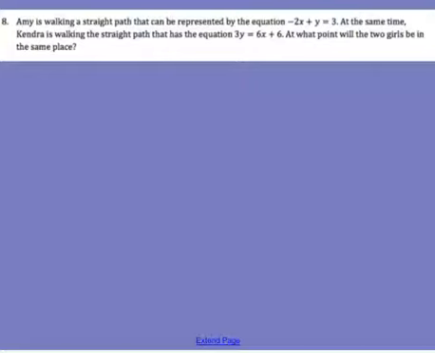Here's how I would do this, and this is just your pilot speaking. Right out of the gate, I'm going to move the 6x to the other side, so it would be negative 6x plus 3y equals 6.